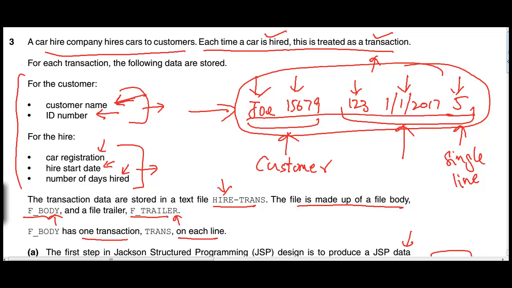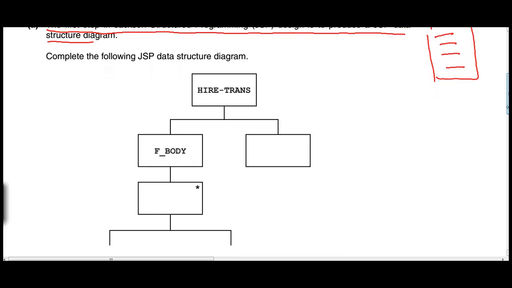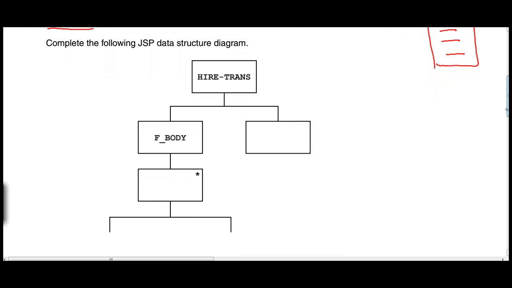We are not worried about processing at all. We are saying how is data structured in this scenario when a transaction occurs? Where is the data saved, what kind of values are saved? That is what we are worried about. We are not worried about what processing needs to be done. So we are going to complete this JSP diagram.